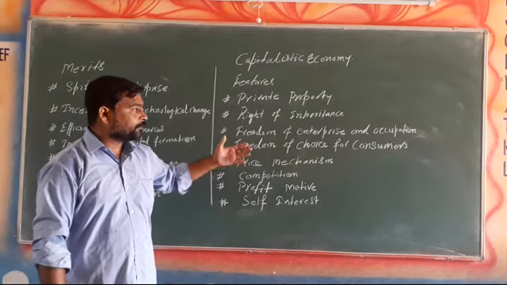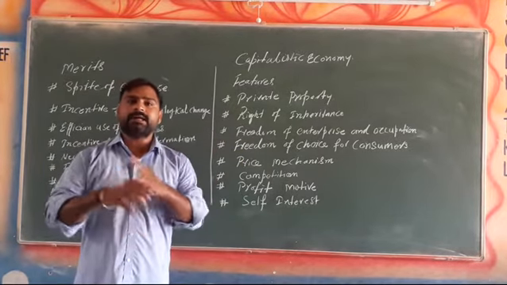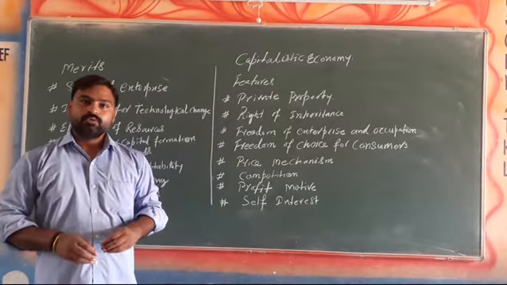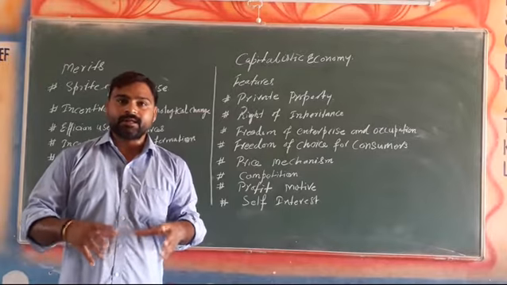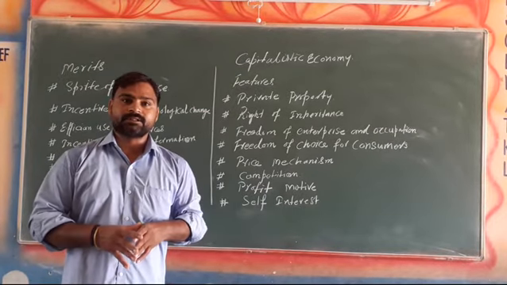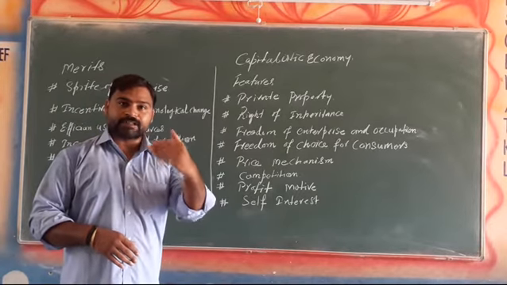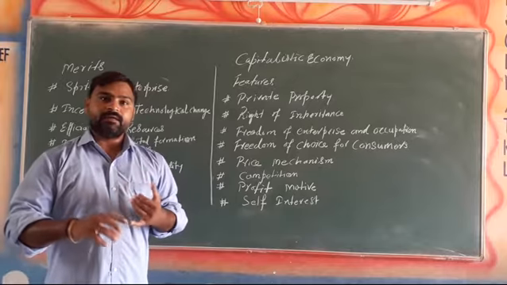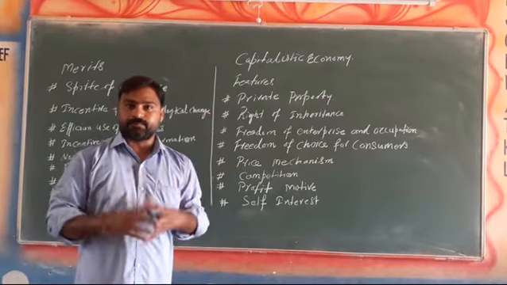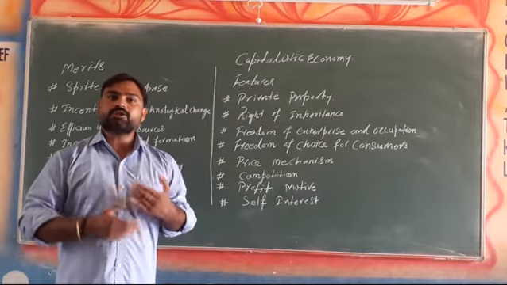And another one, freedom of choice for the consumer. Say in a capitalist economy there are so many producers. They produce goods and services for the consumers. So here the consumer has the choice to choose the product manufactured by the producers. Such as, suppose you are using beauty soap, there are so many producers which are producing beauty soap.